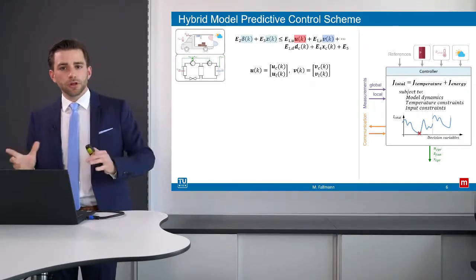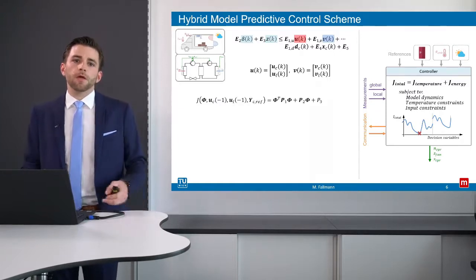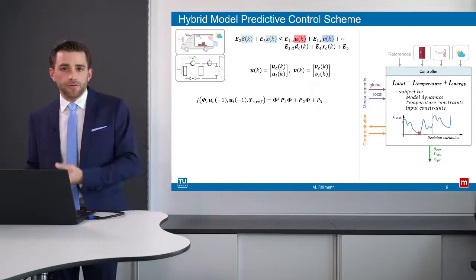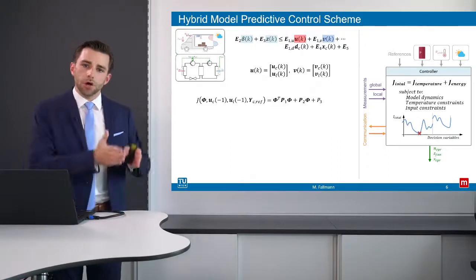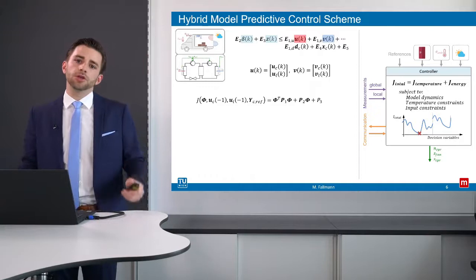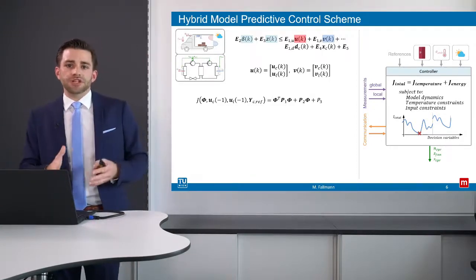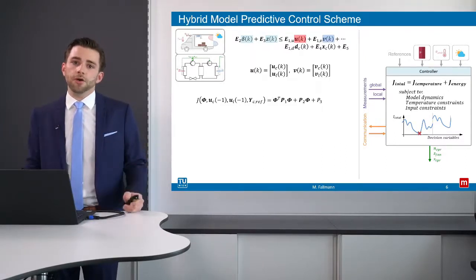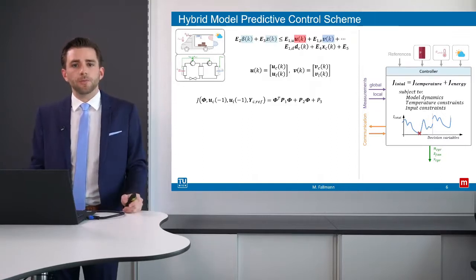Now, coming from the model description, we have to talk about the objective function. The objective function J depends on the vector phi, of course. That's the vector that comprises all decision variables of the current time step, but also of all other time steps within the horizon. These decision variables are, for example, continuous and logical control inputs, but also the auxiliary variables that have to be defined at every time step.